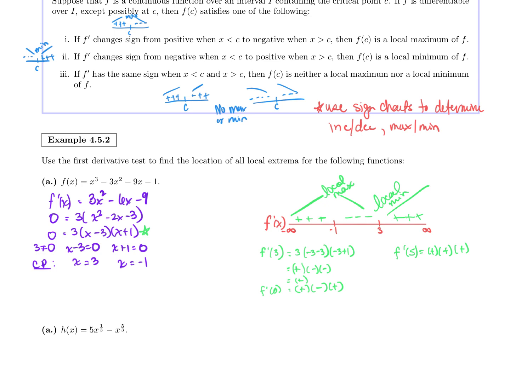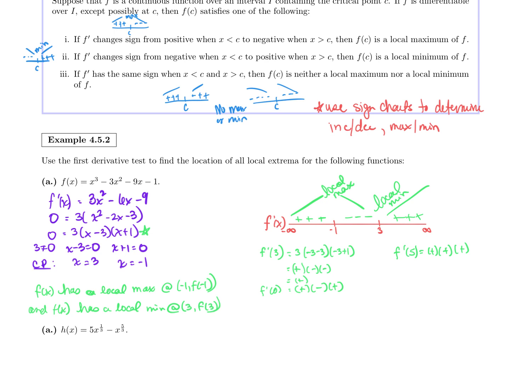So we'll need to summarize what we found. Well, here, we'll do the local max first. f of x has a local max at -1, f of -1, and f of x has a local min at 3, f of 3.